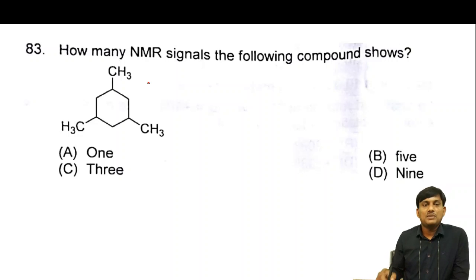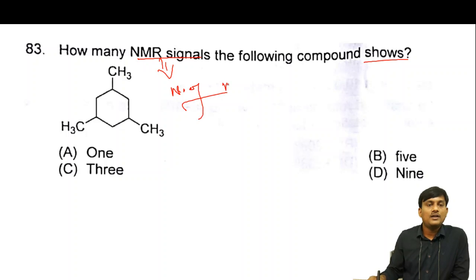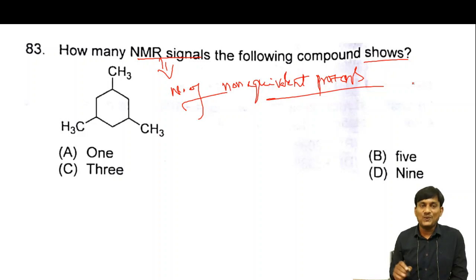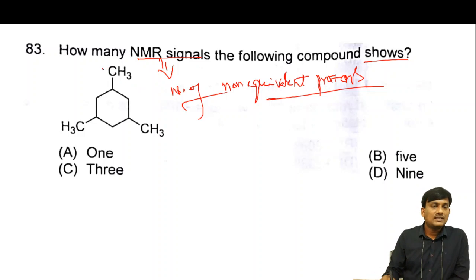How many NMR signals does the following compound exhibit? Okay, the number of NMR signals is equal to the number of chemically non-equivalent protons. You have to identify the number of non-equivalent protons. Here CH3, one type of proton.